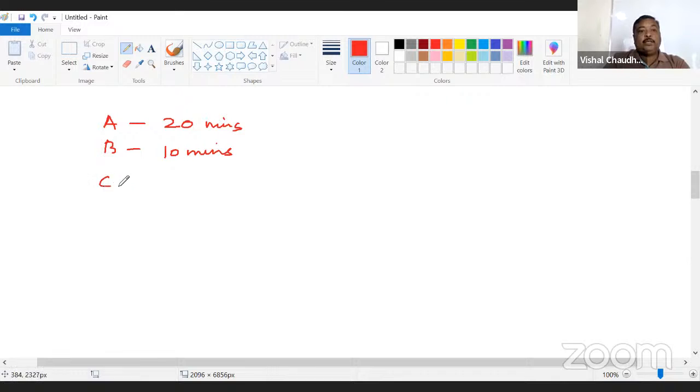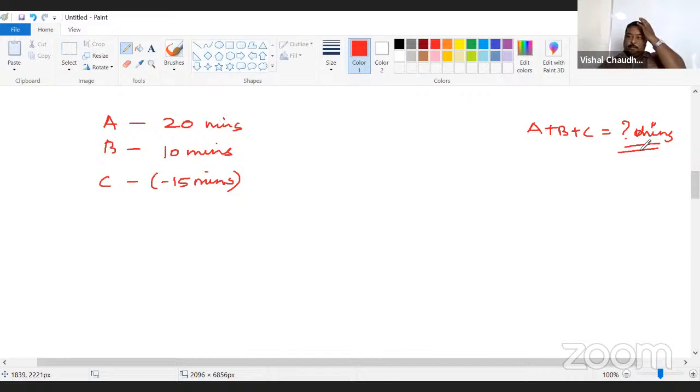And C can empty it in 15 minutes. तो A, B, C तीनों पाइप करें टुगेदर तो कितना मिनट्स लगेगा ये बताना है. प्लीज अटेम्प्ट दिस क्वेश्चन एवरीवन.